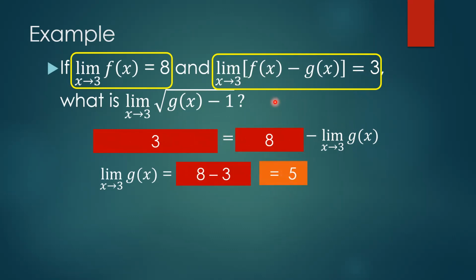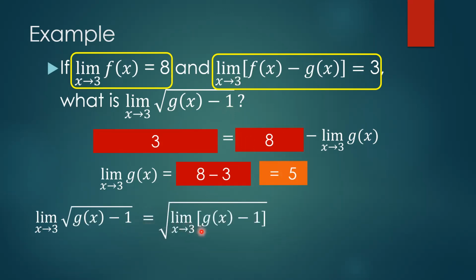Positive, no? Ang gusto natin is the limit of the square root. So, gamitin natin yung property, no? So, this is replaceable by this one, no? Square root of the limit, okay? Pwede natin itong paghiwalayin. Yan, limit of g of x minus 1. Take note that the limit of a constant is equal to the constant.